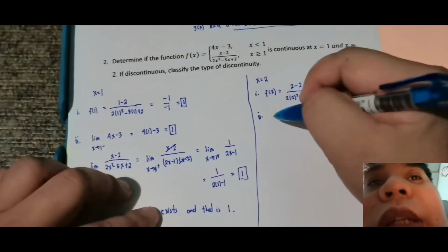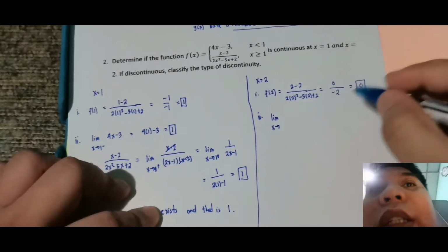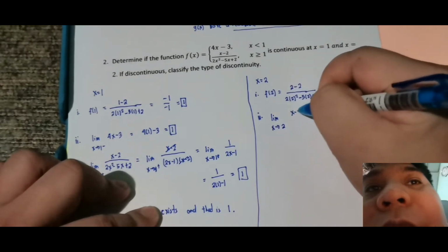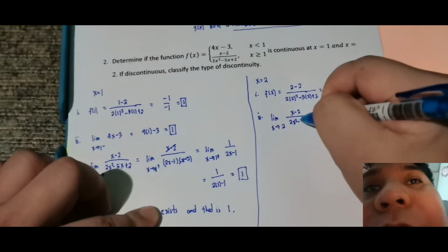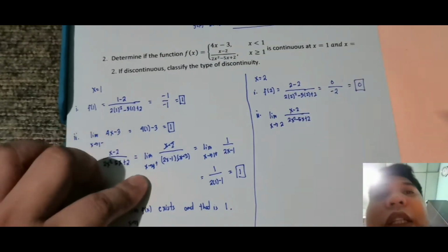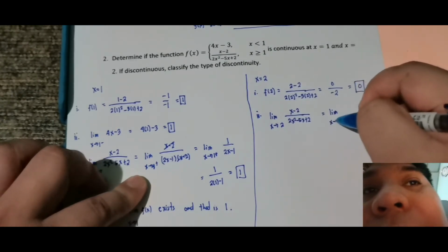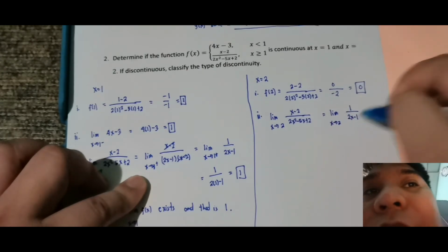So ito ay only limit as x approaches 2 ng x minus 2 over 2x squared minus 5x plus 2. Since na-factor ka na kanina dito, equivalent na lang to dito: limit as x approaches 2 ng 1 over 2x minus 1.